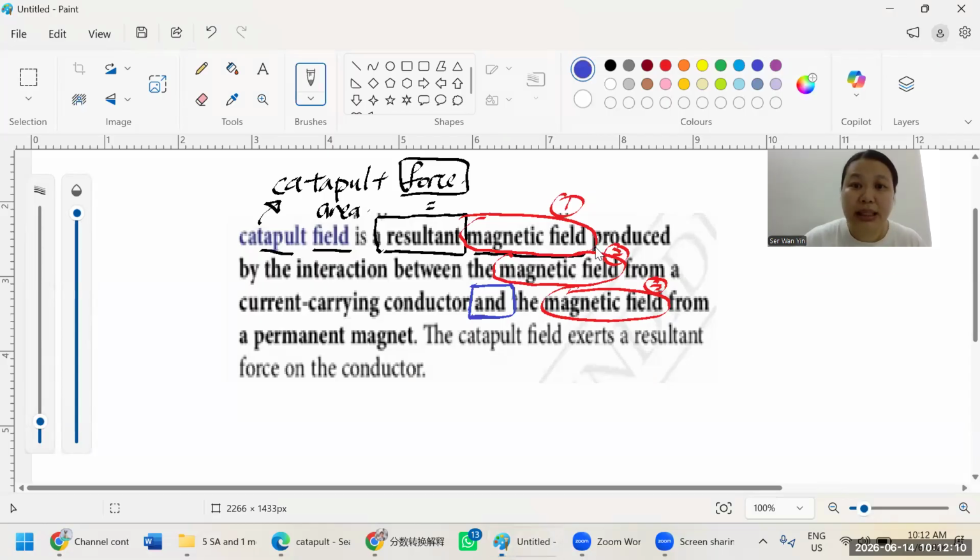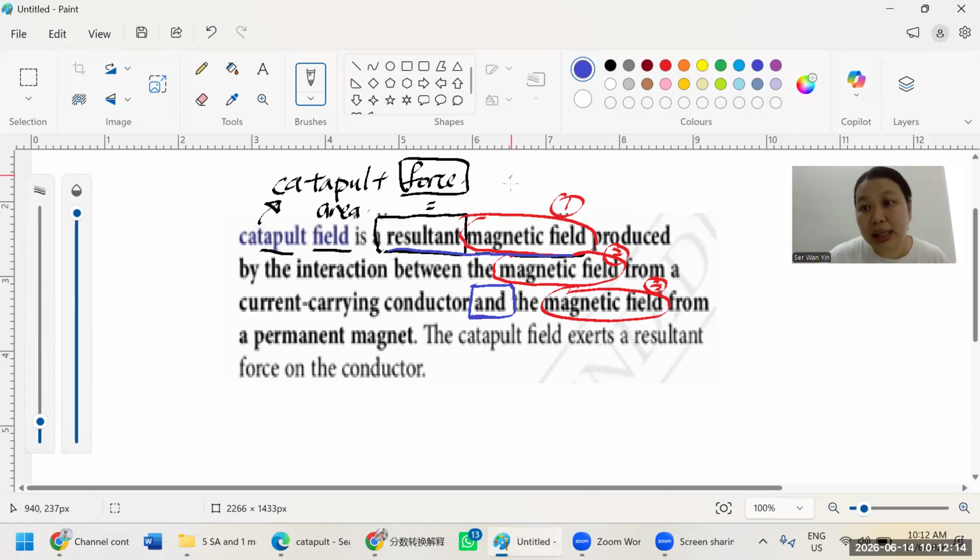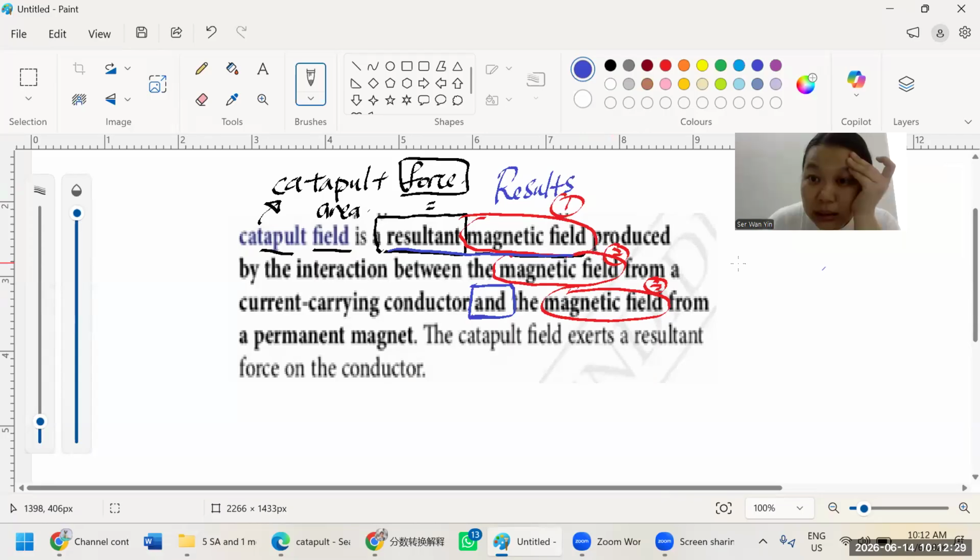Okay, so actually this is the resultant magnetic field. The result, the results. So the result from what? Result from two magnetic fields. Okay, so these two magnetic fields, what do they do? They interact with each other. These two magnetic fields came from where?